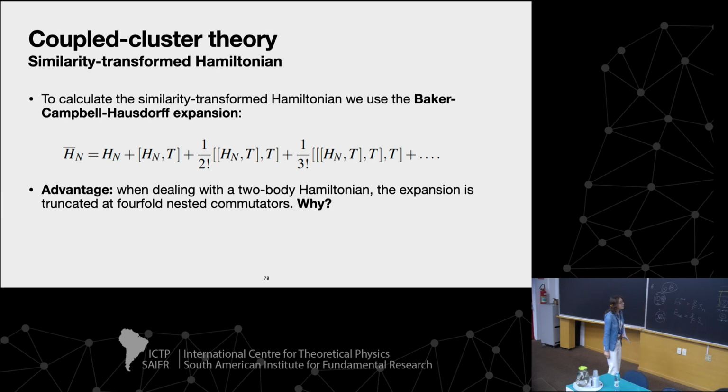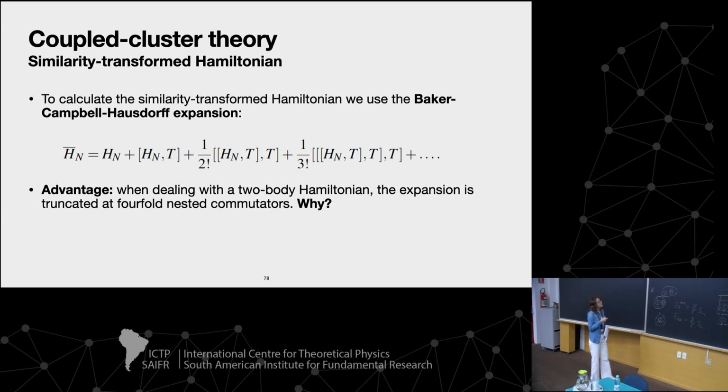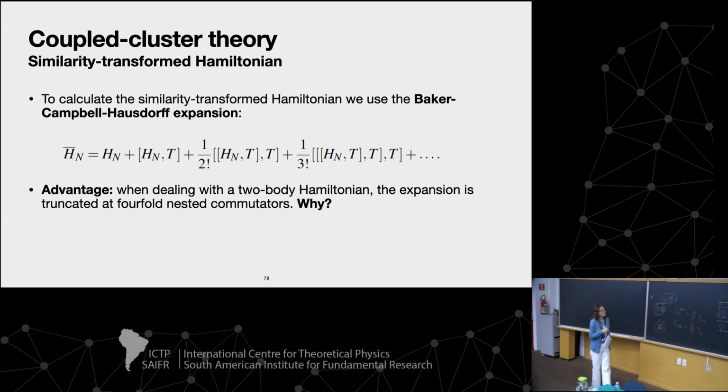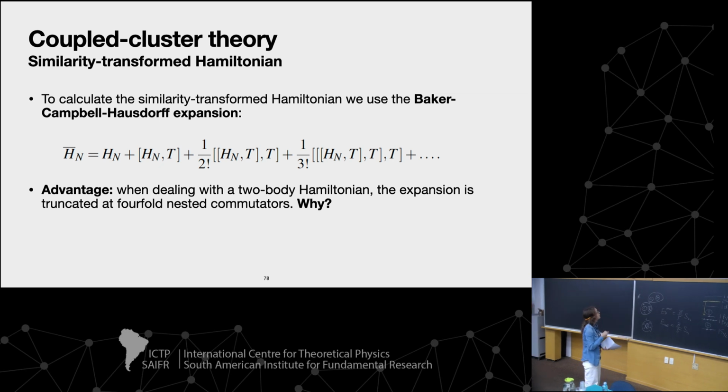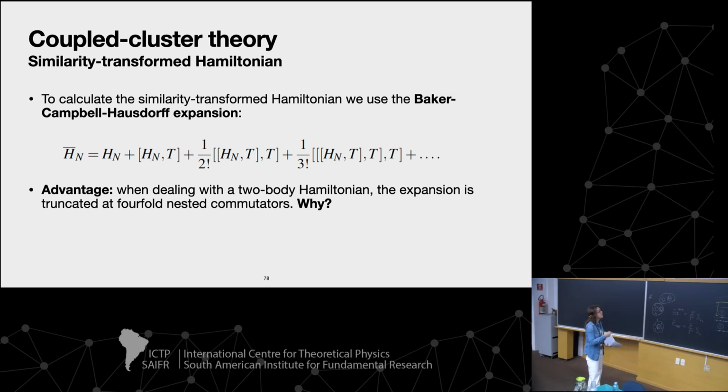One thing that this BCH expansion is useful for is that when we deal with a two-body Hamiltonian, but we could generalize also to the case of a three-body Hamiltonian, the expansion truncates naturally at fourfold nested commutators. If we have a three-body Hamiltonian here, it will be truncated at six-fold nested commutators.